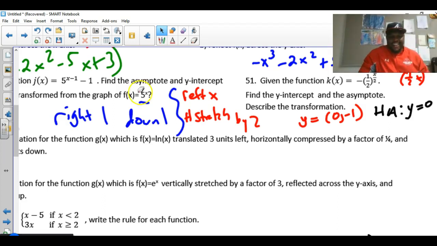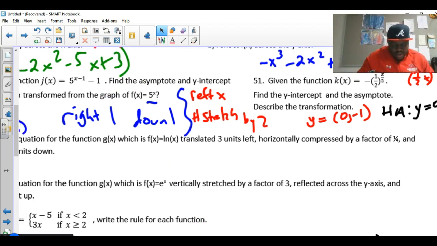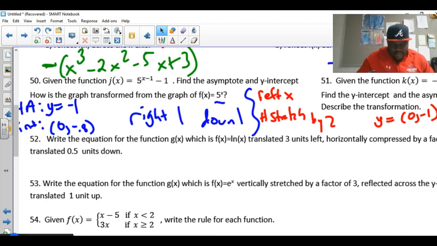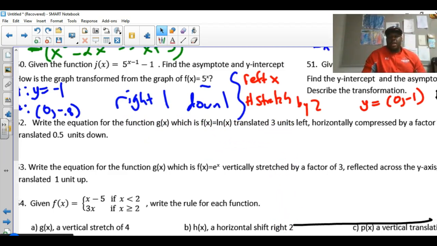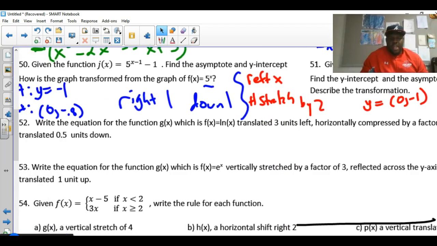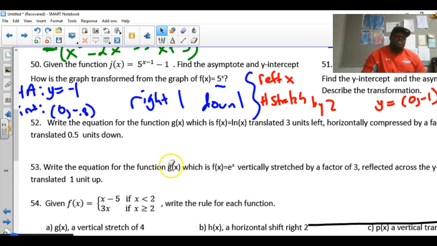Alright. Let's see here. Number 52. Alright, in this problem right here, we need to write an equation for a function, which is f of x equals ln of x, translated 3 units left, horizontally compressed by a factor of 1/4, and translated 0.5 units down.